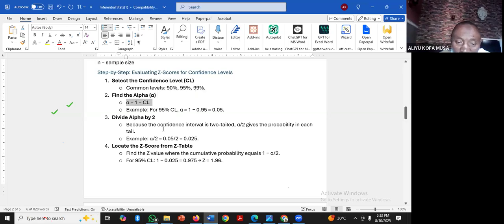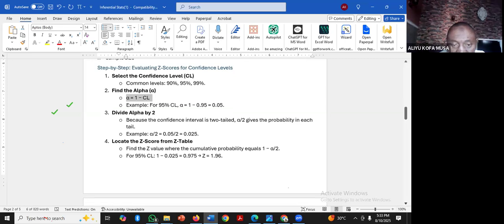Then you divide your alpha by 2 to get the two-tail probability. Then you take this value and go and find your z-score.